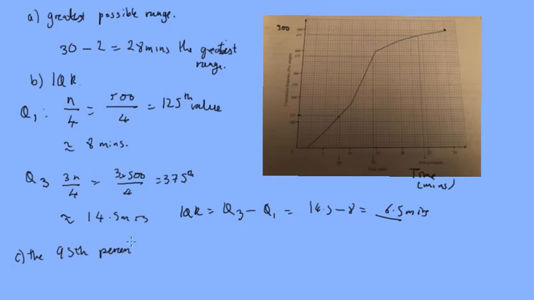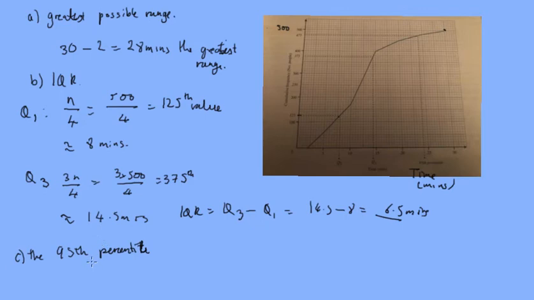And finally, we want the 95th percentile. So what does that 95th percentile mean? It means the top 5% of people who perform this task will do it in this time.